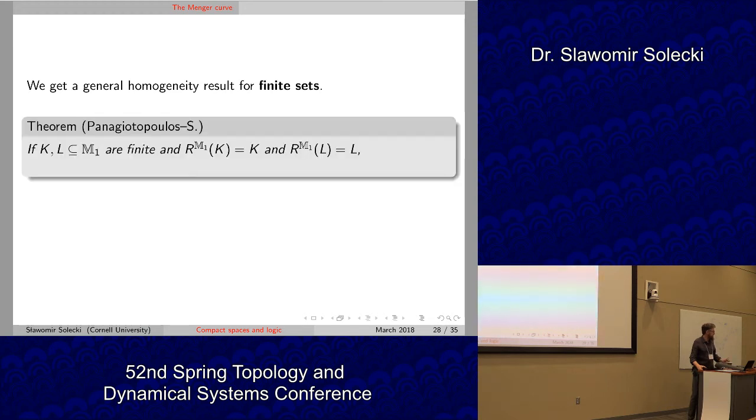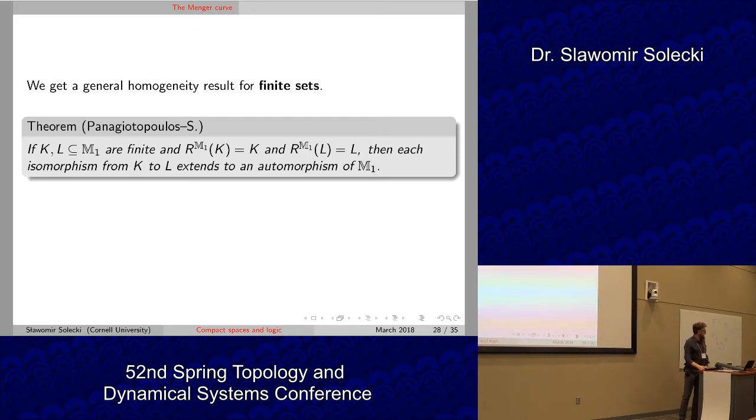But there is a general homogeneity result for finite subsets of M1. Let's take two finite subsets K and L of M1 and assume that they are saturated with respect to R, meaning that if I have K and something related by R, this equivalence relation, to an element of K, this something is also in K. Same for L. And assume I have an isomorphism between K and L, a matching between the points in K and L that respects the underlying model-theoretic structure.